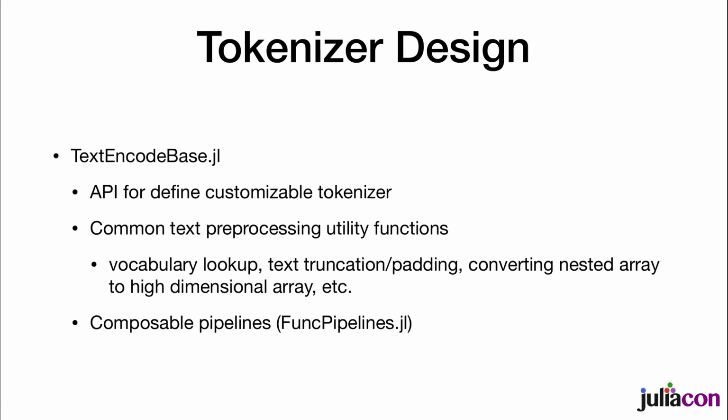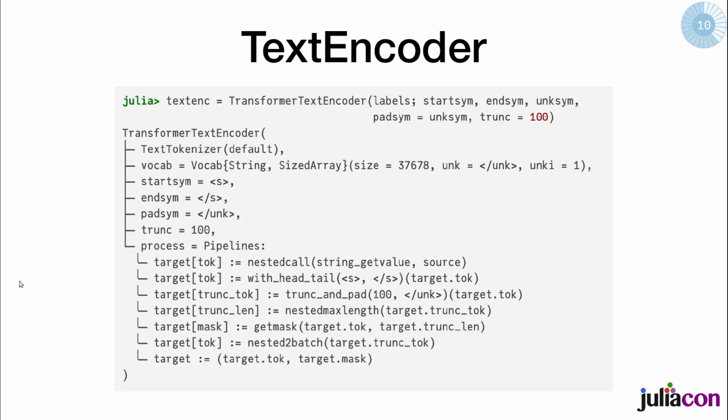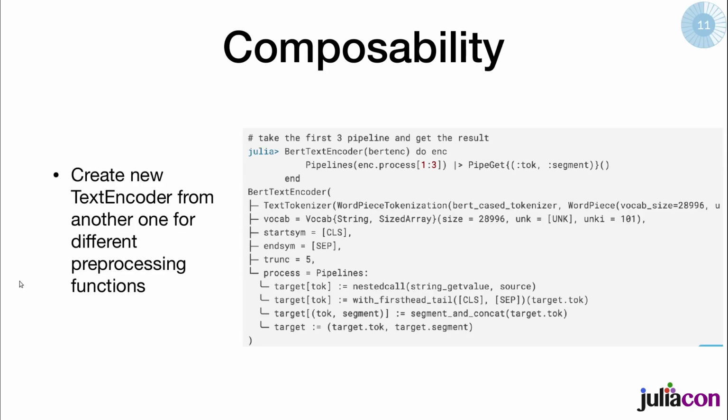In that package, we provide a set of APIs for defining customizable tokenizers, common preprocessing functions, and composable pipelines. Each line in the pipelines is a pipeline object. You can see what function is being applied on what arguments. And then you can replace some of them to form a new text encoder that has different preprocessing functions.